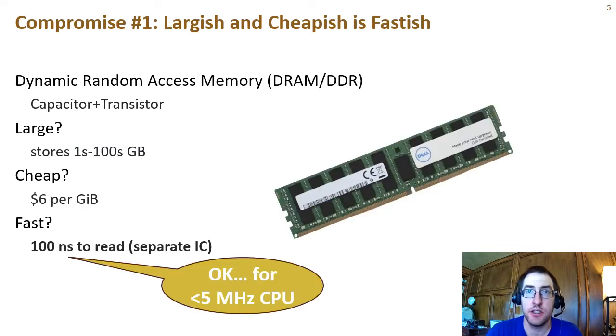So historically, the compromise for system storage is DRAM, dynamic random access memory. The modern incarnation is DDR4. DRAM is essentially a capacitor which stores the charge that represents the value of 0 or 1, and then a transistor to charge or discharge that capacitor.